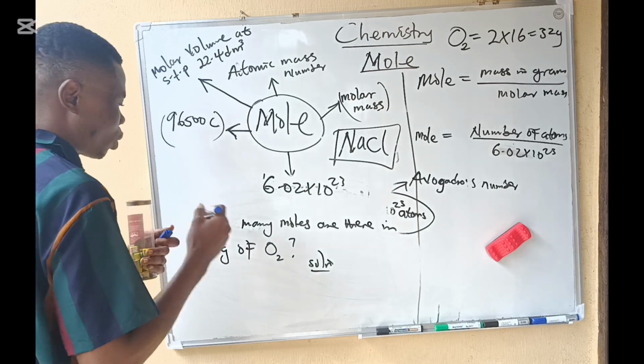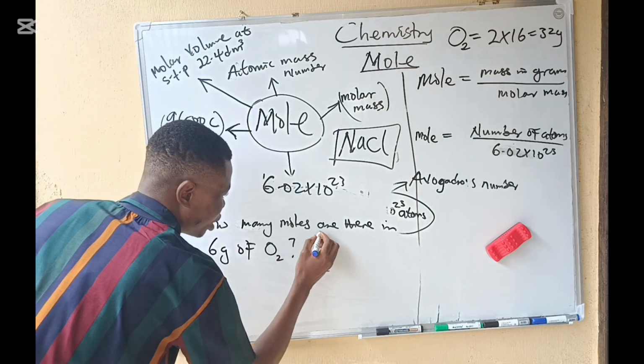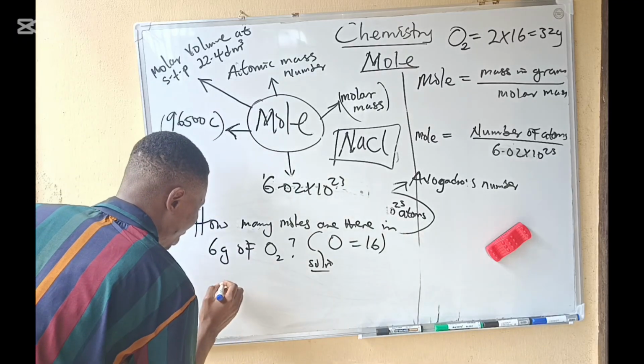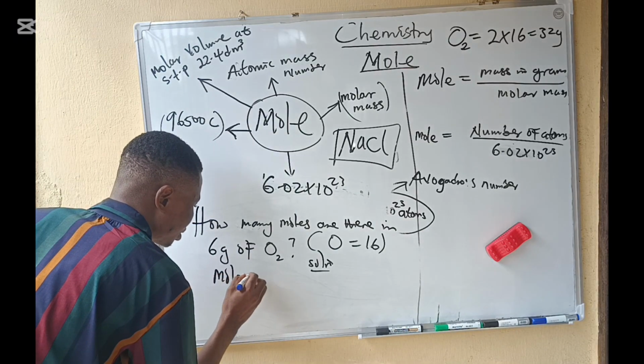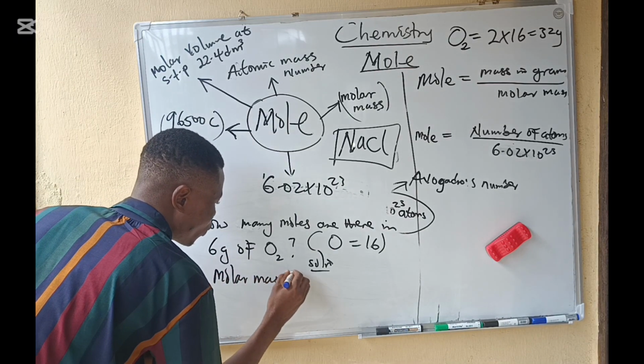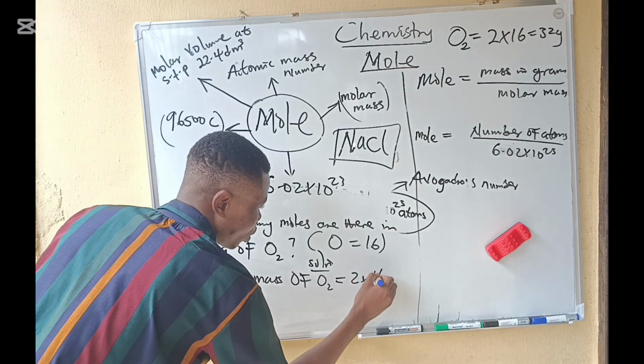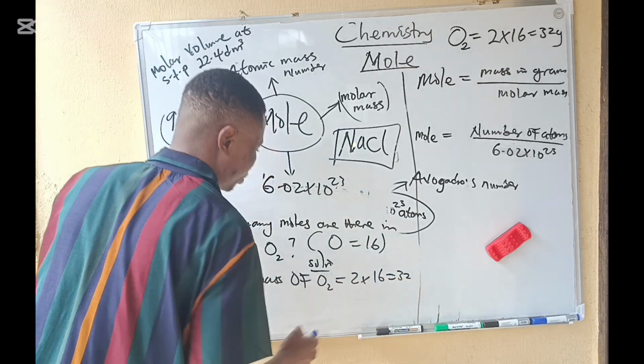What is the molar mass of oxygen? Remember that O equals 16. That is the mass number. Then the molar mass of O2 equals what? 2 times 16, we have 32.